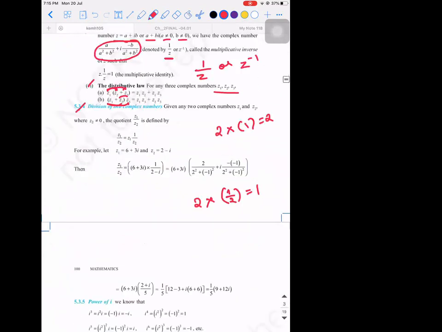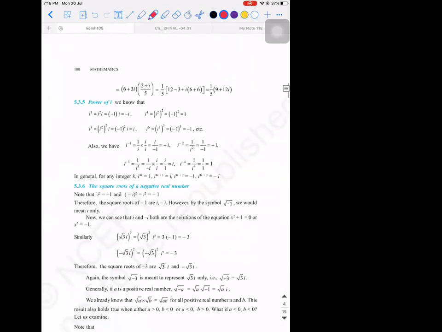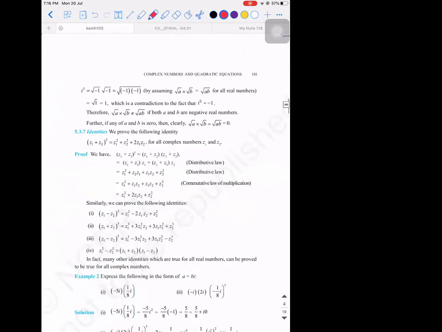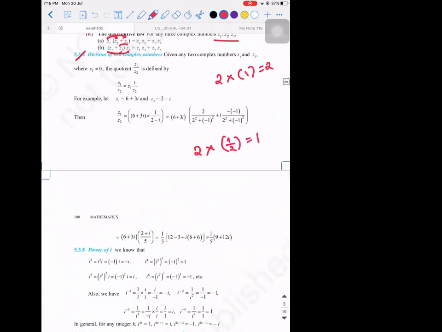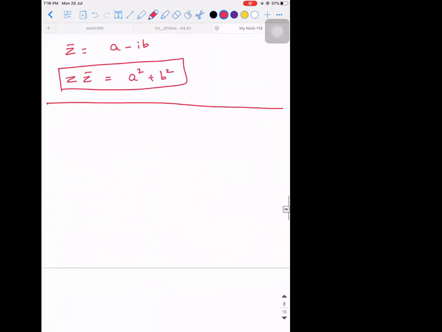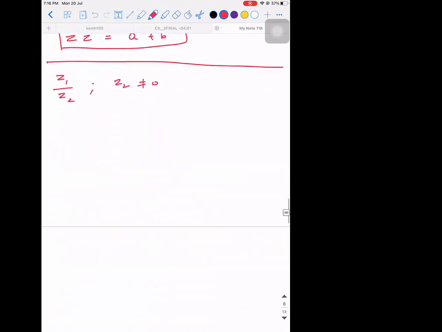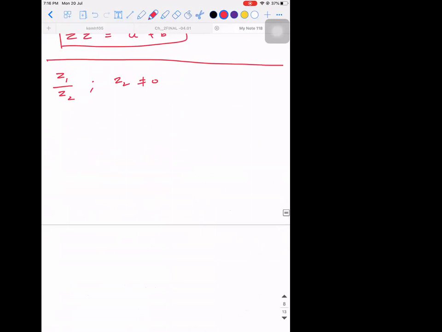Division of a complex number I've already taught you. I'll tell you, see. If you have z1 by z2, where z2 should not be equal to 0, then what you need to do is multiply z1 with the conjugate of z2, and z2 will be multiplied with the conjugate of z2 in the denominator.